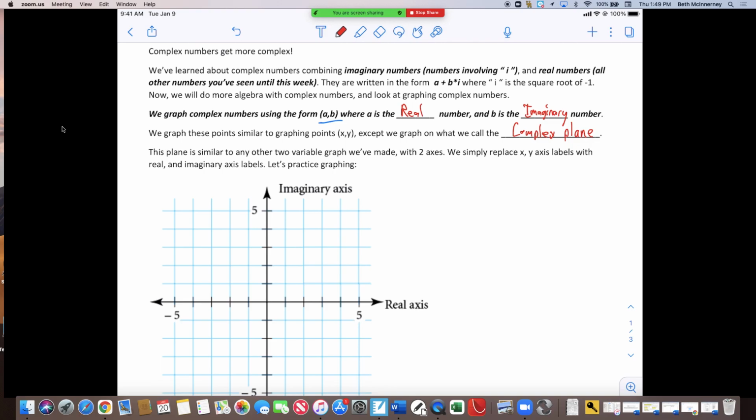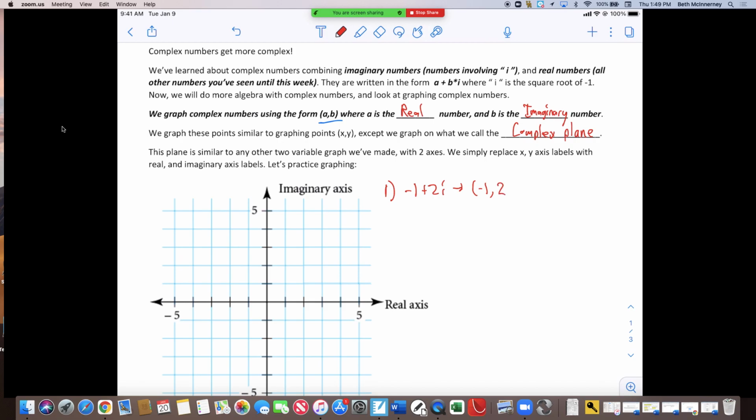So, if we have a complex number, let's start out with our first complex number. If we have -1 plus 2i, where would we graph this point if we were to transition it into how we've been notating it? It's going to be that a, b, where a is the real part, so we have -1, and b is the imaginary part, which is that 2i.